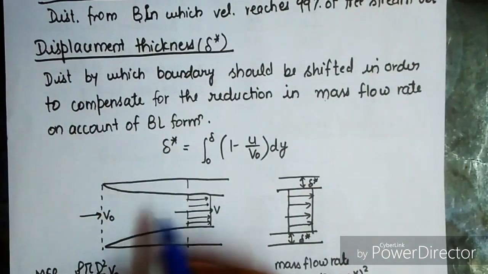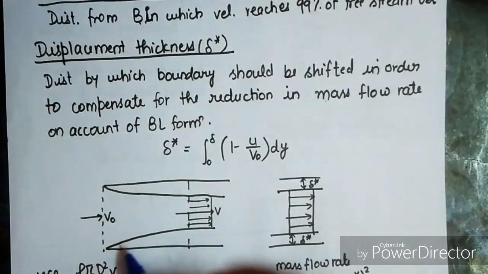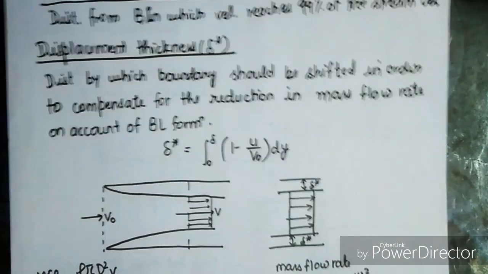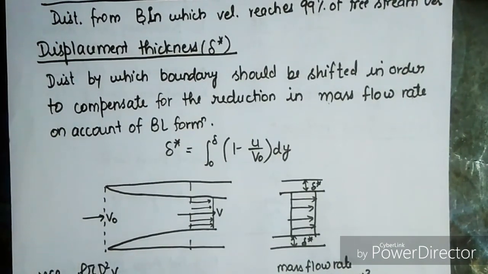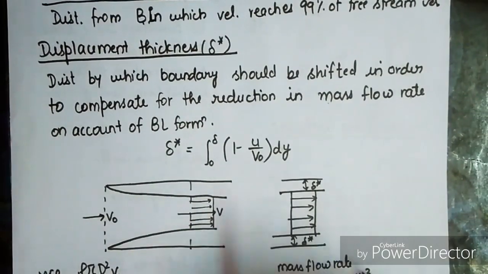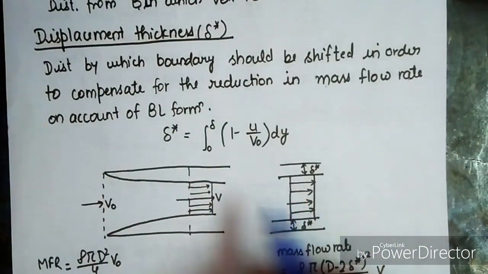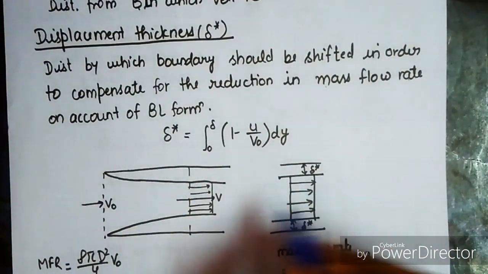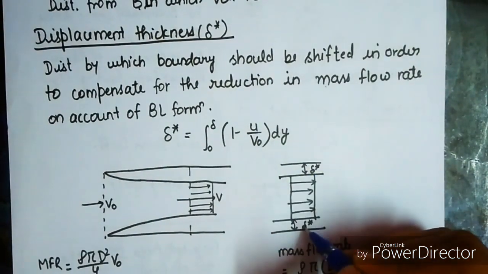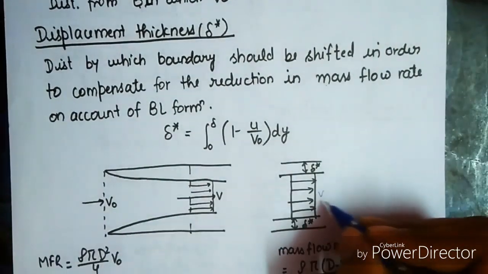Like we can see here, this is the pipe, and this is the boundary layer formed. The velocity here was v naught, so we have the mass flow rate of rho pi d square by 4 into v naught. Here we have the velocity as v. If we have to change it into a constant velocity distribution, then we take this displacement thickness, delta star, into consideration, and now we have this velocity as v.